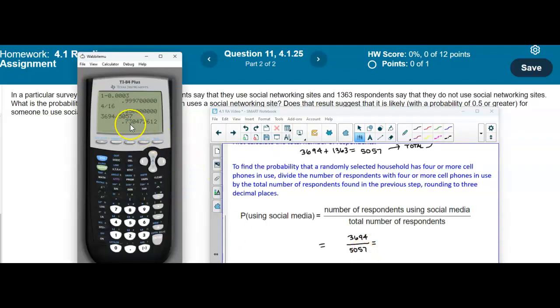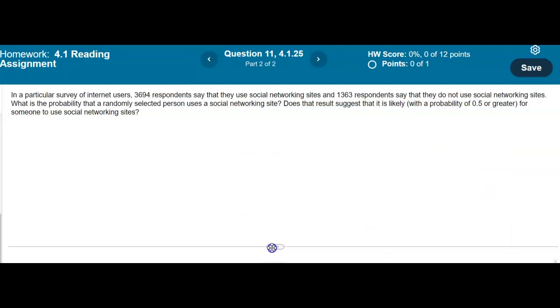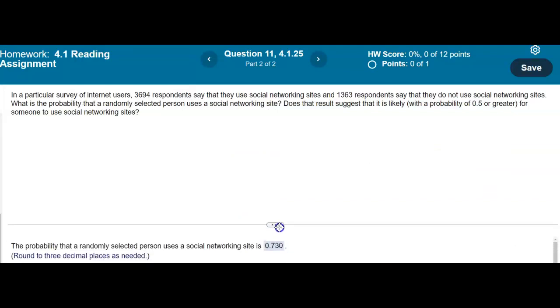We have 0.7304, and rounding it to 3 decimal places gives us 0.730. And so therefore we're going to say that the probability that a randomly selected person uses a social networking site is 0.730. Again, rounding to 3 decimal places is needed.